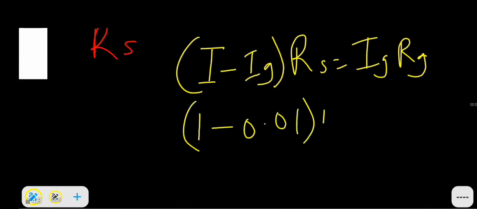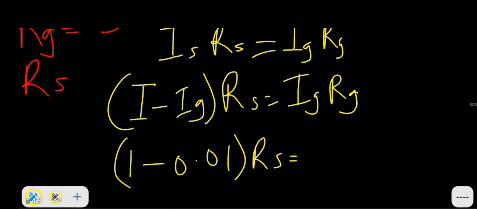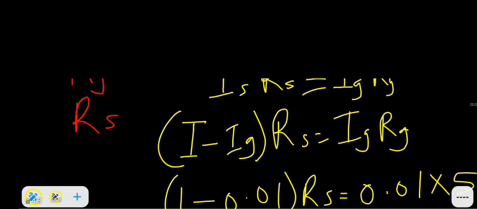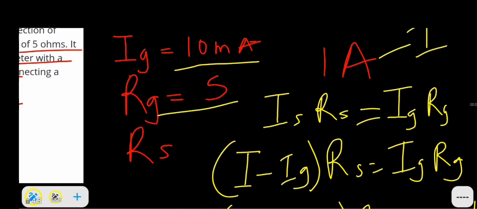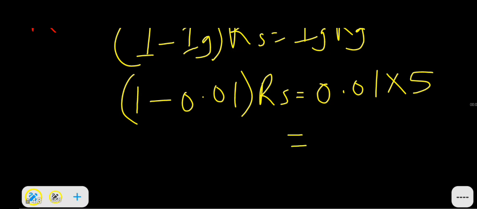Then you're multiplying by RS. Your IG in the question is 0.01. Your RG is in the question, that is 5. That's the galvanometer resistance. So 5 times this will give you 0.05.